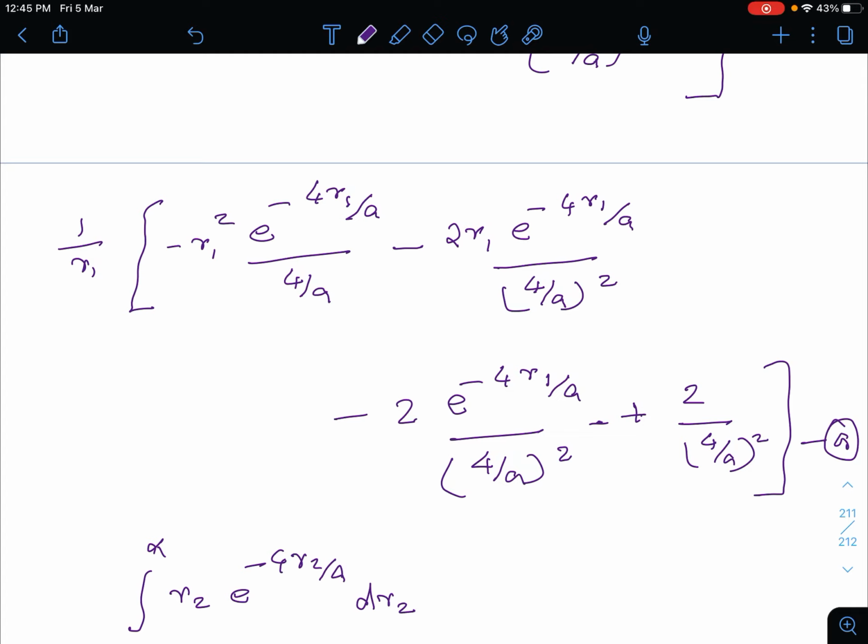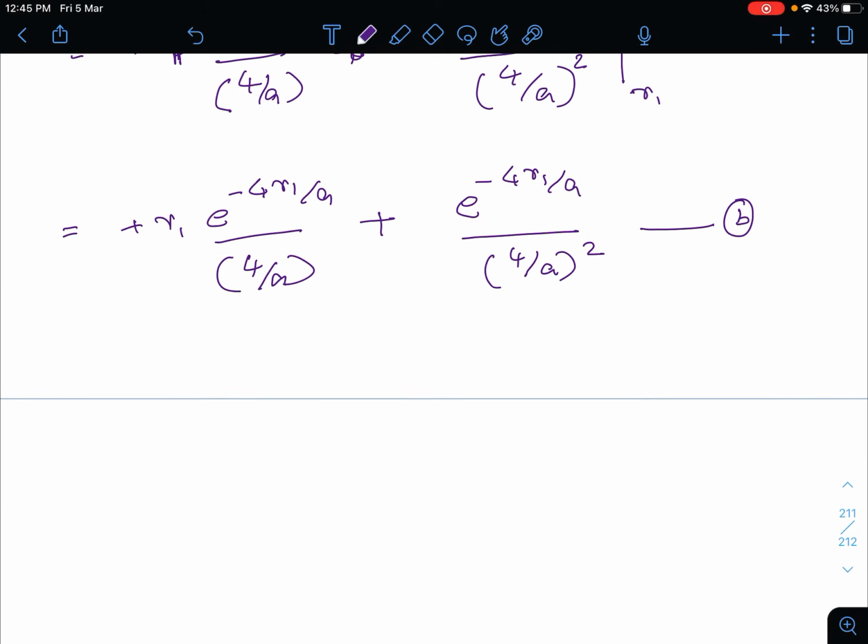So take it inside. This becomes minus, so this gets cancelled. Again this becomes 2 by R1. Taking it inside, you have a minus R1 e raised to minus 4 R1 divided by A divided by 4 by A, and you have a plus R1 e raised to minus 4 R1 divided by A divided by 4A.